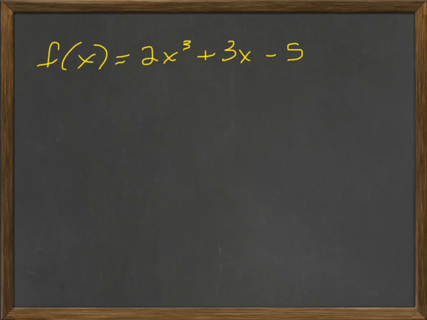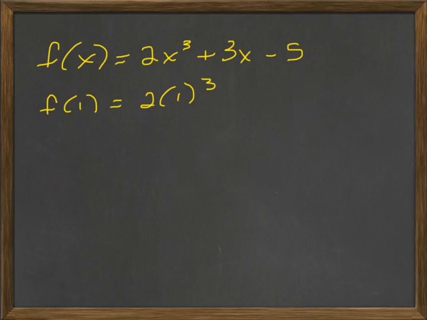Okay, so let's take a look at this higher order polynomial, 2x cubed plus 3x minus 5. And let's say we were trying to find out if x minus 1 was a possible factor.